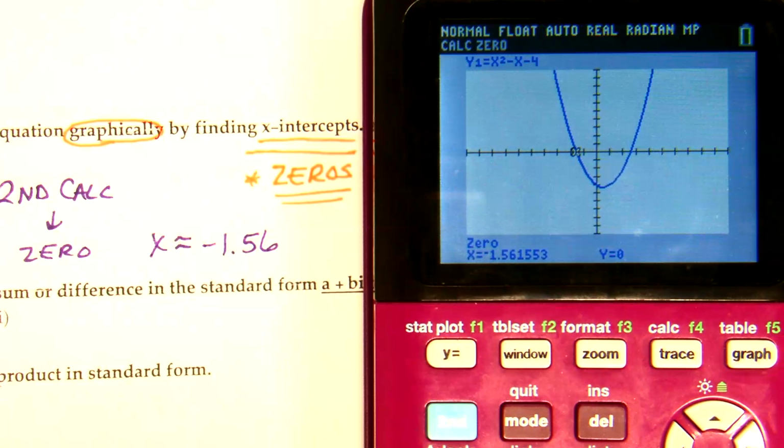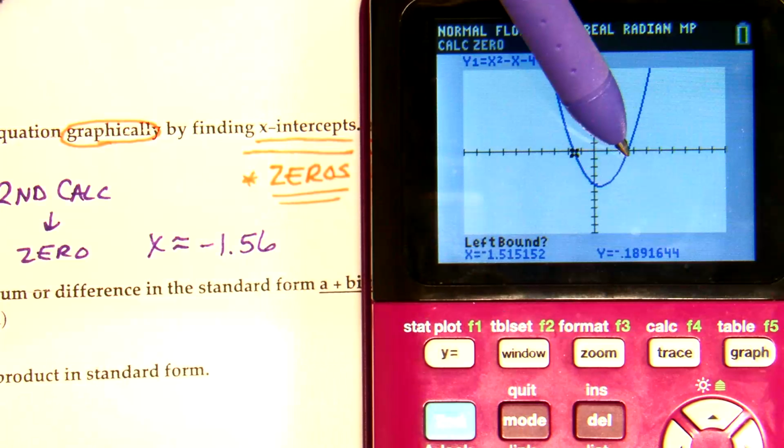Now, this time, I'm wanting to find this point, right? I know it's hard for me to get my pen at the right angle there. I want to find that point where we're crossing the x-axis. So now, I want my cursor to be somewhere to the left of it, which can be anywhere on that graph below it. Hit enter. Right bound part.